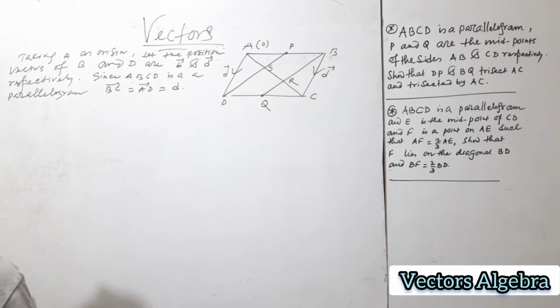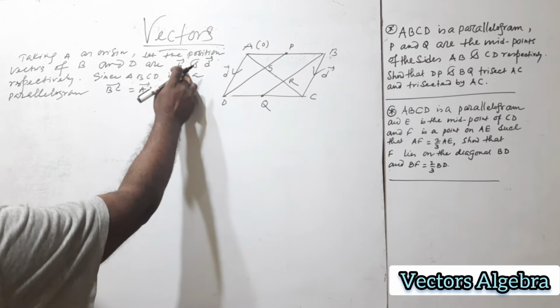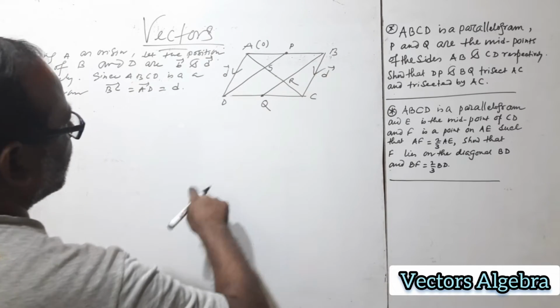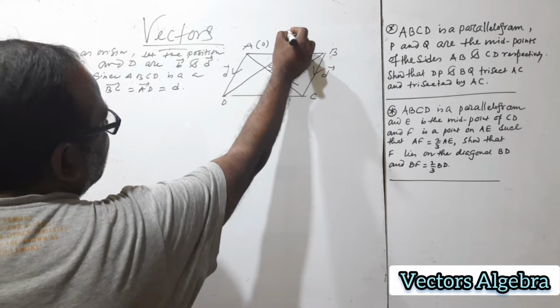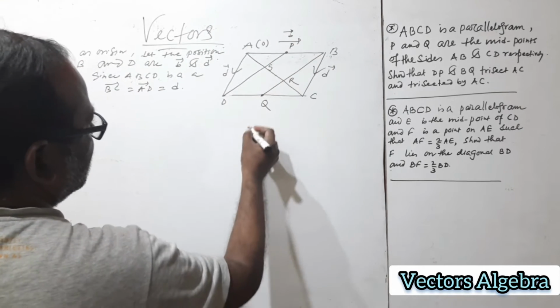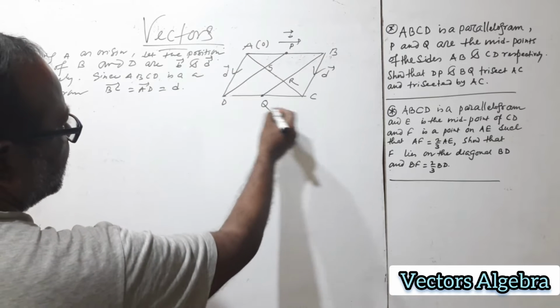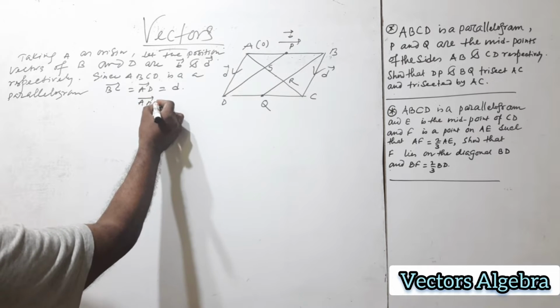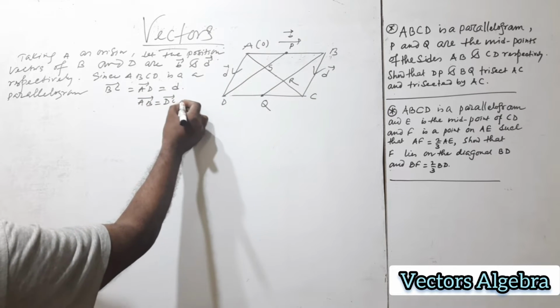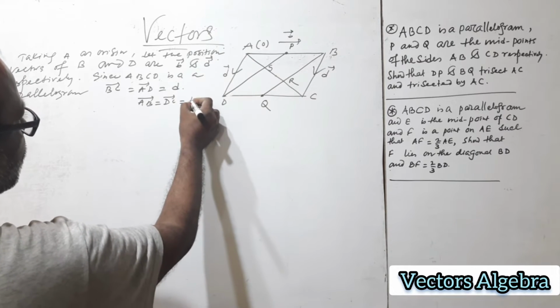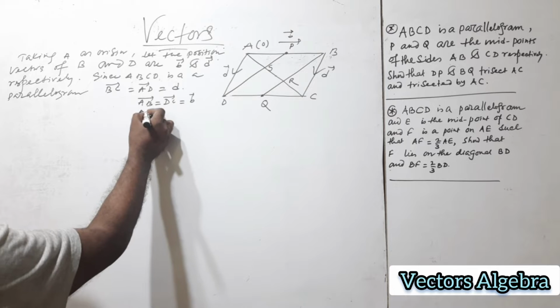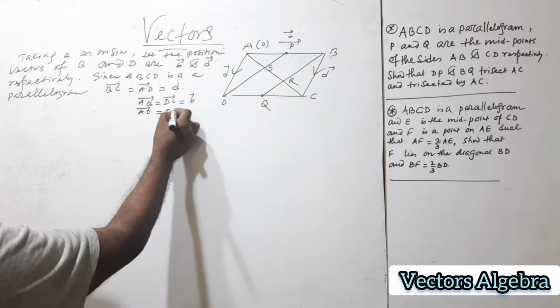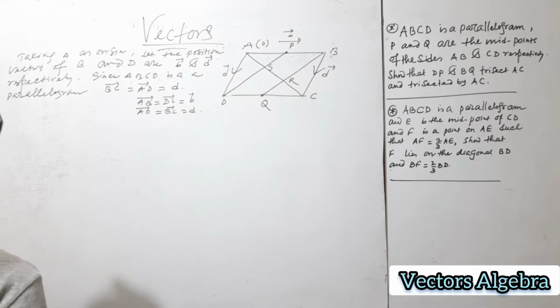Now we have to find the position vector of C. Here is the position vector of B. Same as D. So it can be written that AB is equal to DC, that is equal to b, and AD is equal to BC, that is equal to d.